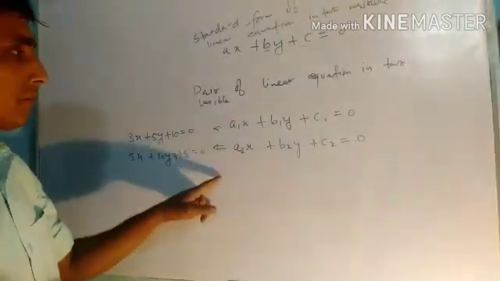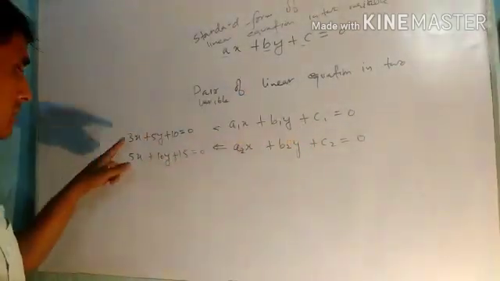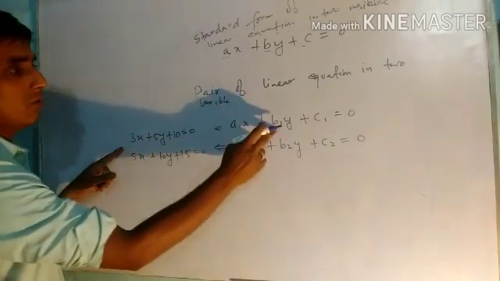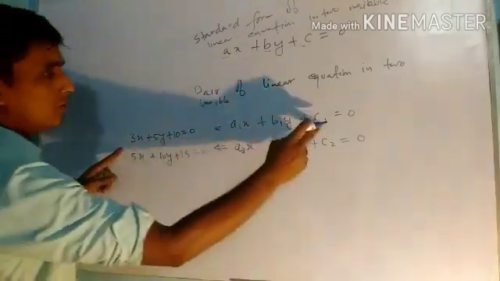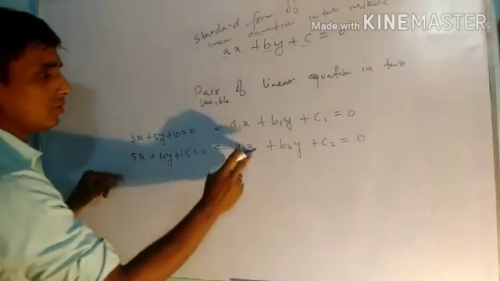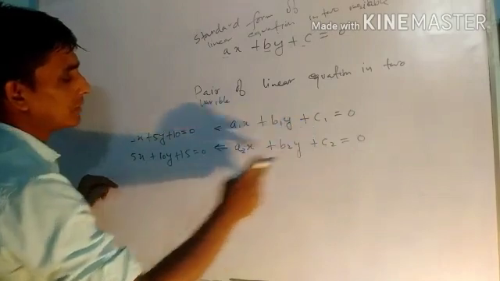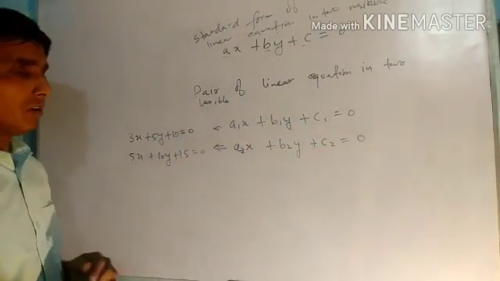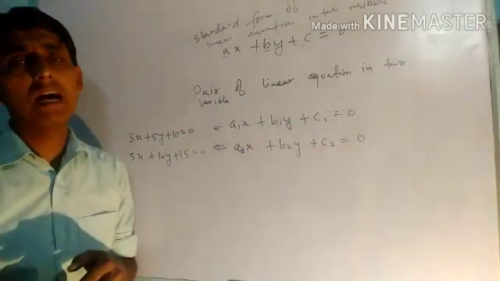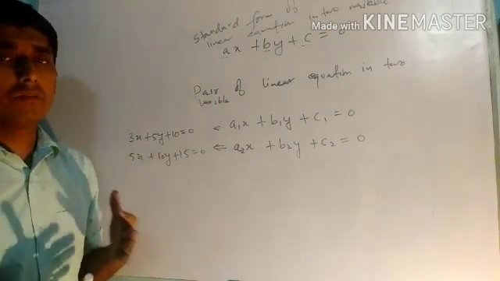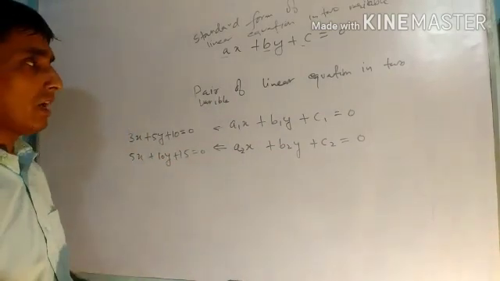If you compare the standard form of the equation with this, the value of a1 is 3, the value of b1 is 5, the value of c1 is 10, the value of a2 is 5, the value of b2 is 10, and the value of c2 is 15. So in this chapter we actually have to learn about the solution of a pair of linear equations.